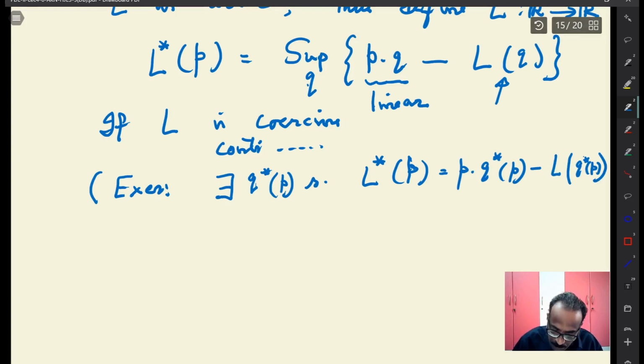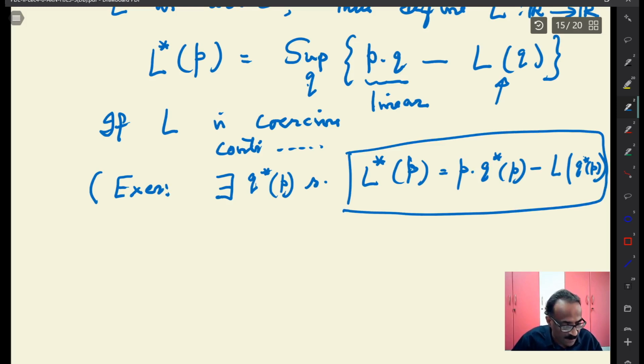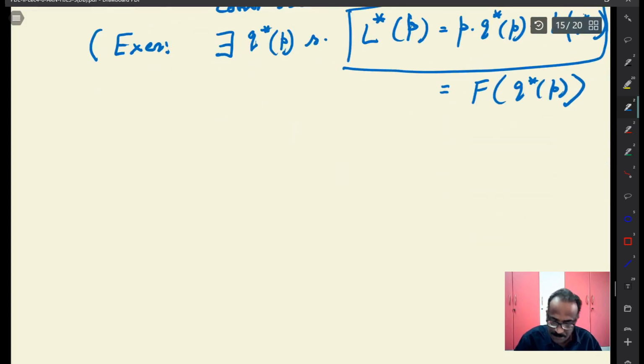So that's what you have to prove. There exists such a Q star because of the coercivity and other properties, so you will have all these things immediately. This is nothing but your F at Q star of P. So you have that theorem, and you can prove it immediately like that.